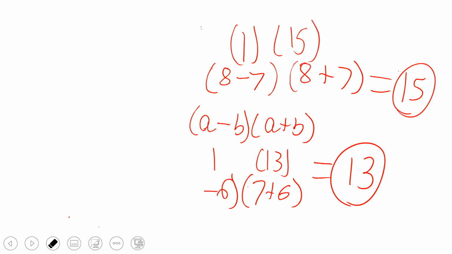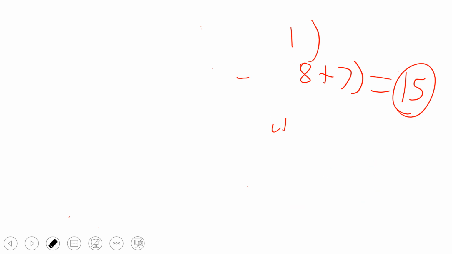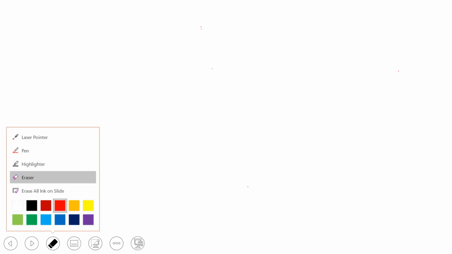Now we're going to talk about another factorization, which is when we square two binomials and identifying squares of binomials.